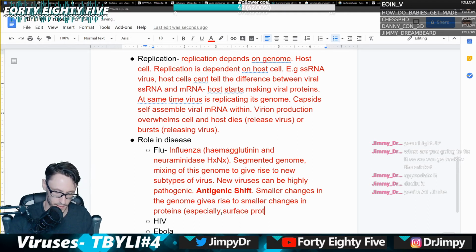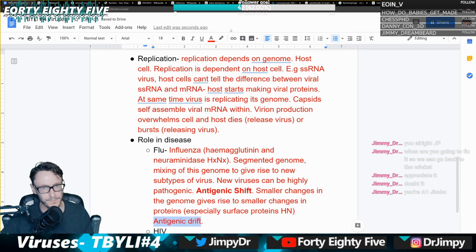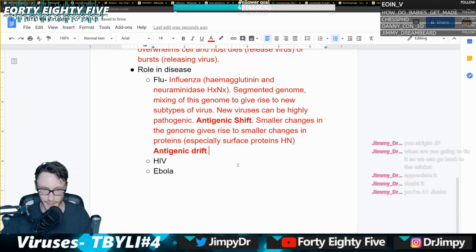The surface proteins, the H and the N. This is called antigenic drift. Antigenic drift is the main reason why we need a new flu vaccine every year.